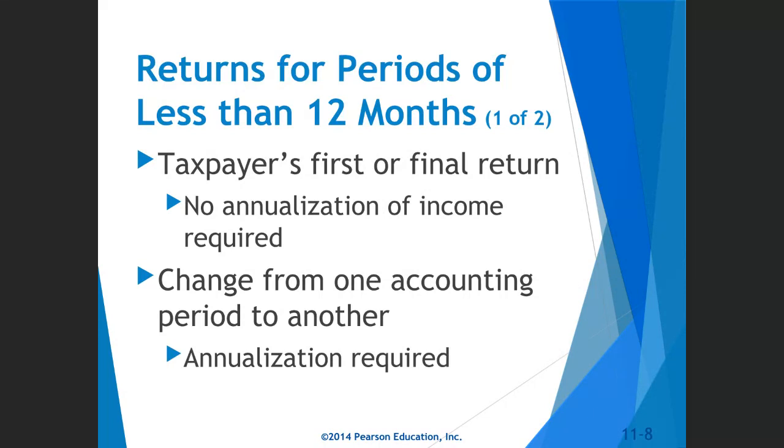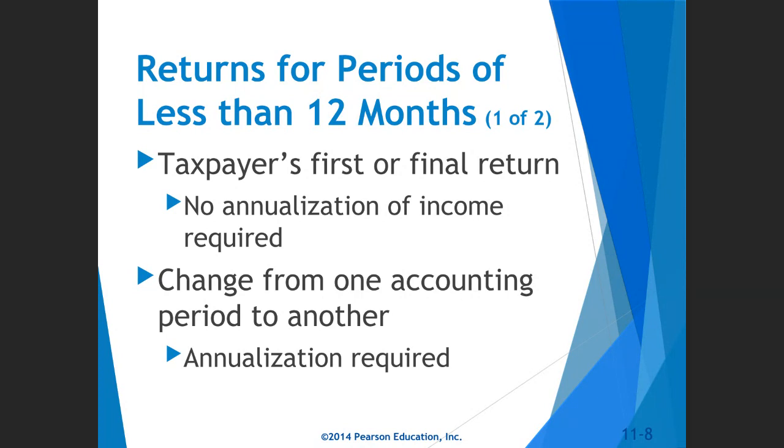Okay, returns on periods of less than 12 months. Most income tax returns cover an accounting period of 12 months. On 2 occasions, however, a taxpayer's accounting period may be less than 12 months: when the taxpayer's first or final return is filed, and when the taxpayer changes accounting period.